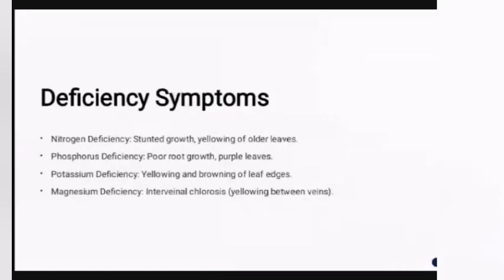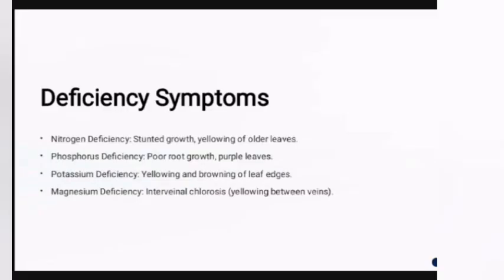Alright, so deficiency. What happens when one or two of these minerals become deficient? Now, nitrogen deficiency. Remember, nitrogen helps in production of chlorophyll, right? There will be stunted growth and yellowing of older leaves. Why would there be yellowing? Because of poor production of chlorophyll.